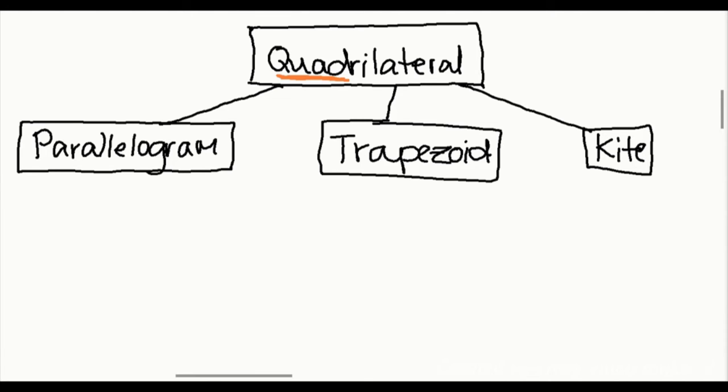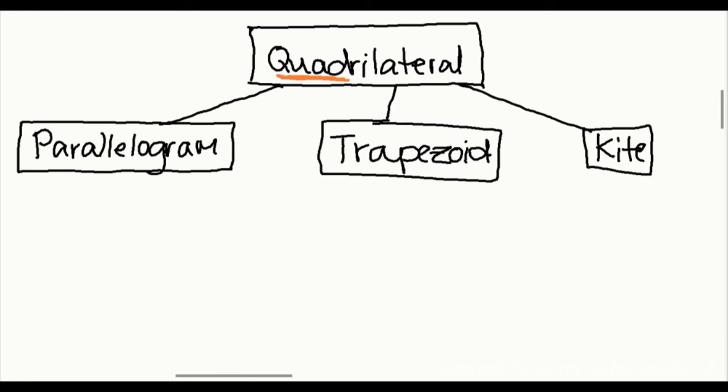So now in your family, you have a lot of the same traits as your parents. My mom has green eyes, I have green eyes. I know you guys have talked about genetics and biology, and you made those Punnett squares, if you remember them or not. Well, in the quadrilateral family, all the kids have the same traits as the parents. So notice that parallelograms, trapezoids, and kites all have different sides.